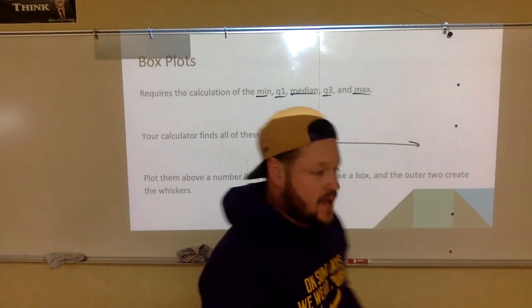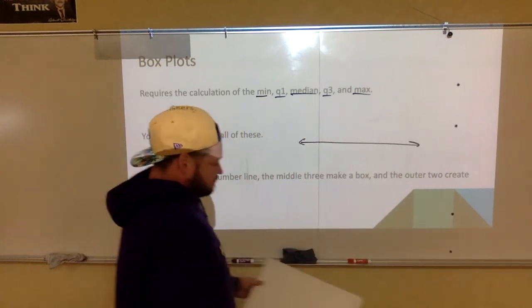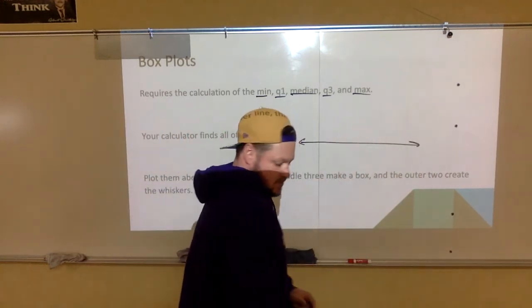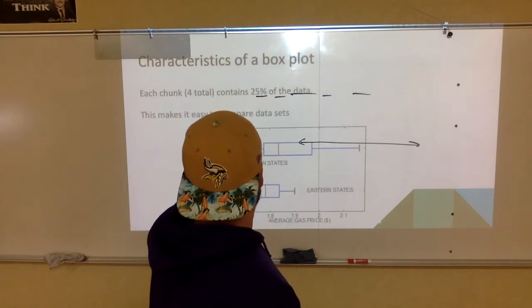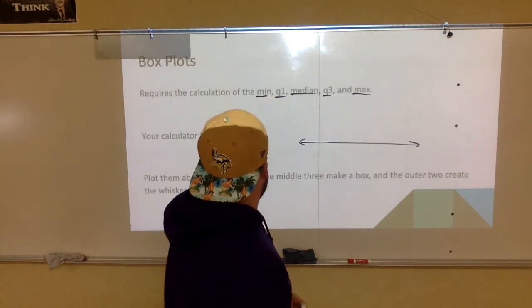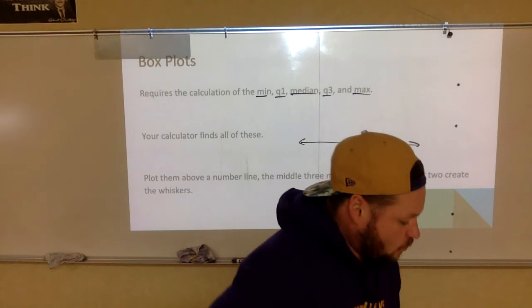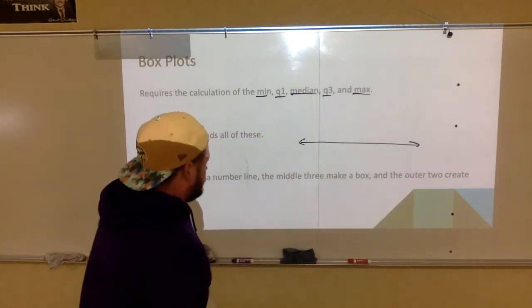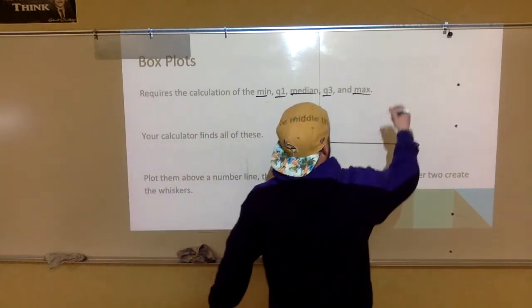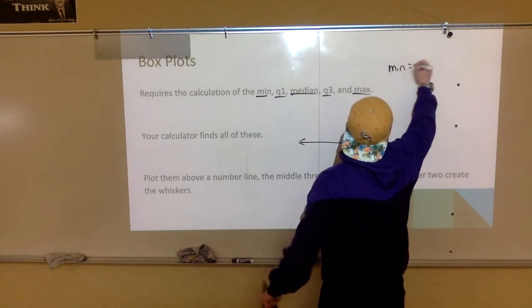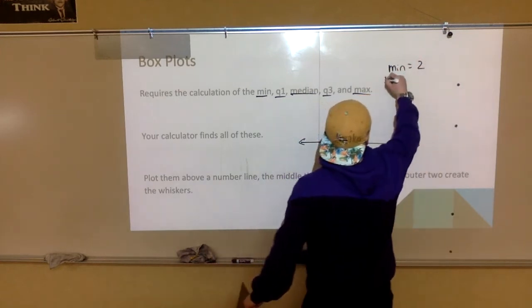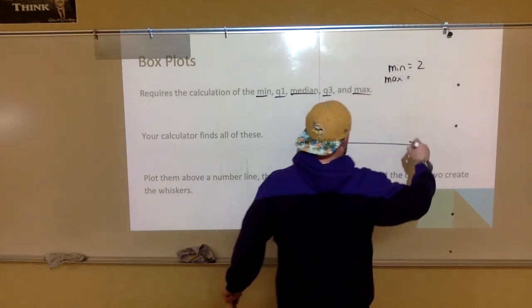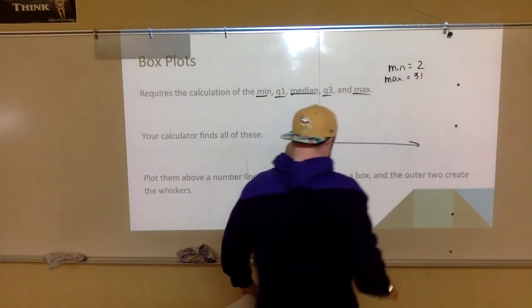I actually have all that information from before. Okay. We're going to make one real quick. If you remember from the warm-up, our minimum was 2. Our maximum was 31.